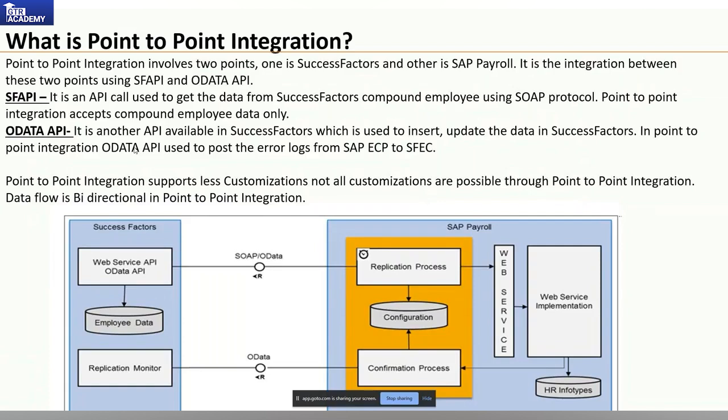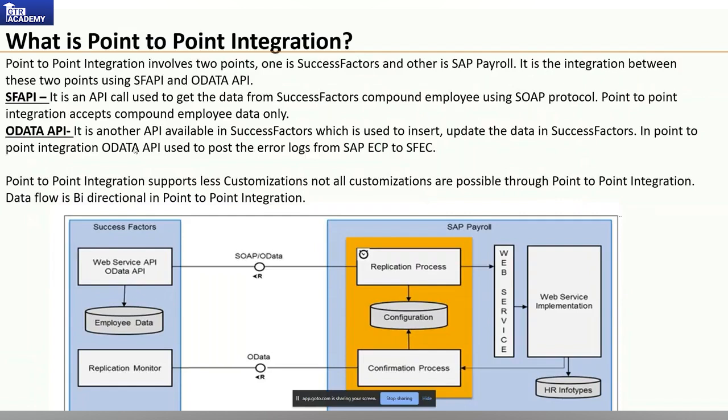I have one question here. So all the wage components which we configured in Employee Central should be replicated through point-to-point integration in ECP, right? Employee Central Payroll, correct. And now the payroll driver behind all this configuration is the old HCM payroll driver.